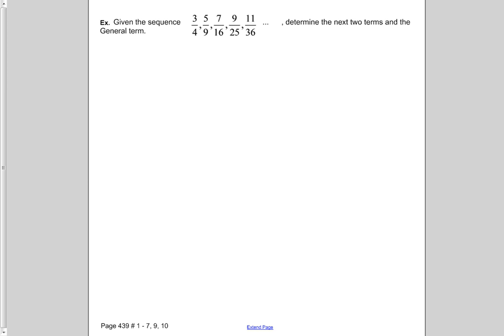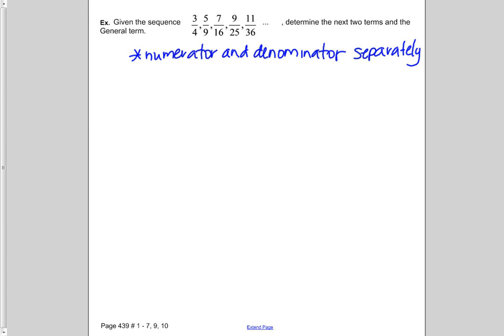When I look at this, I notice that it's progressing in a regular sort of a way. But I am also looking at the numerator and denominator separately, and that is a good strategy when working with these. Numerator and denominator. I can see that the numerator is going up in an arithmetic pattern.